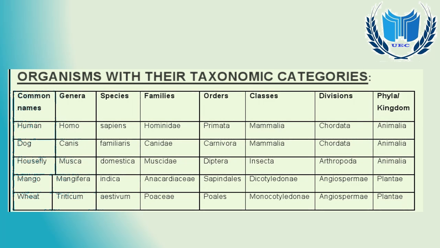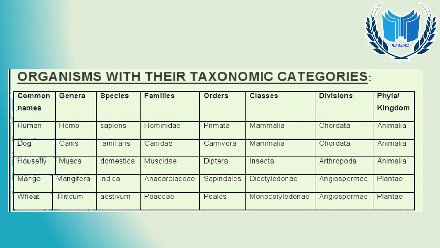The family is Hominidae, order is Primates, then the class is Mammalia, and division Chordata. Why Chordata? Those who have a notochord come under Chordata. We also have a notochord, so we are in Chordata, and our kingdom is Animalia.